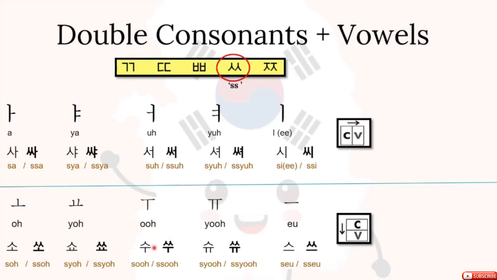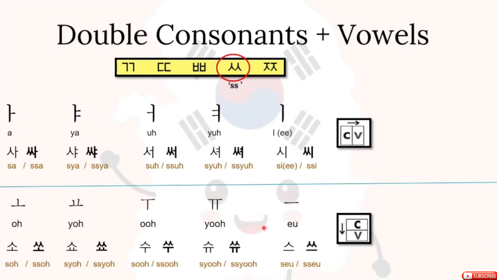Next one, oo. Single consonant, s and oo becomes su. For double consonant, s and oo becomes su. So su, su, su. Good. Next one, you, s, you becomes shu.